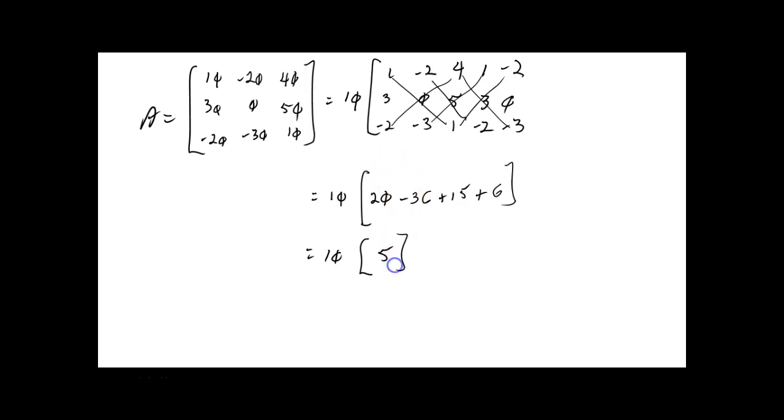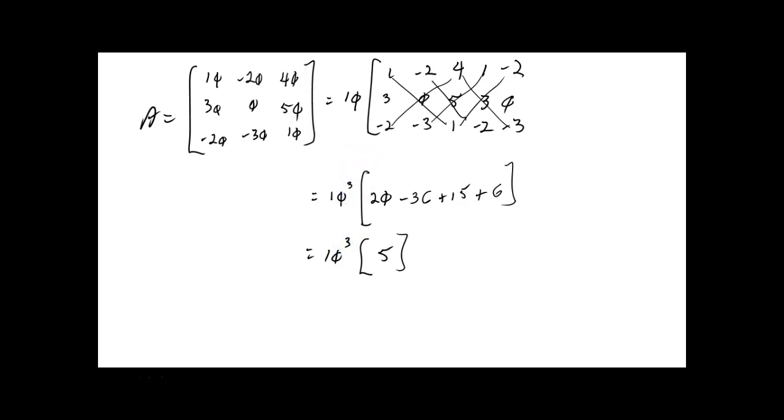Okay. Now, the determinant of that is a 5, and our property we just had is that it's not just 10, it's 10 is what we factored out, but you have to raise that to the nth power. This was a 3x3, so that would be 10 to the 3rd power.